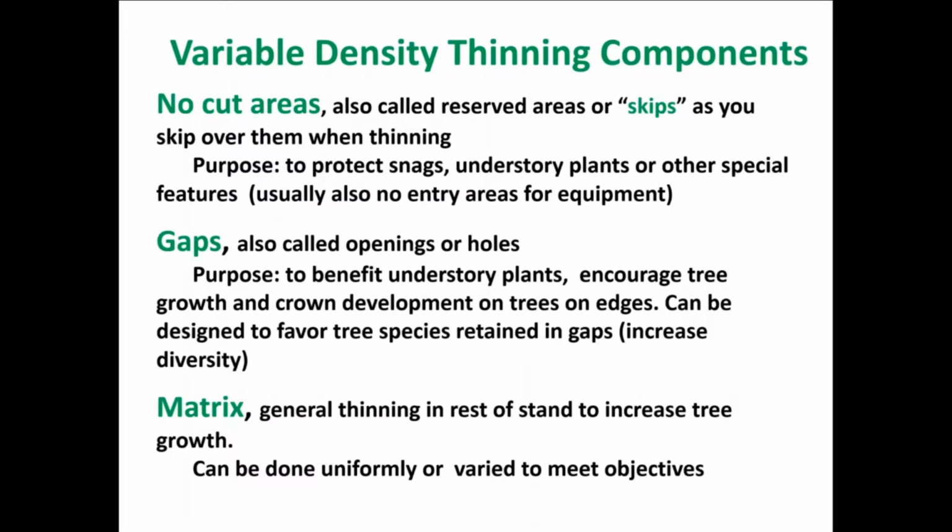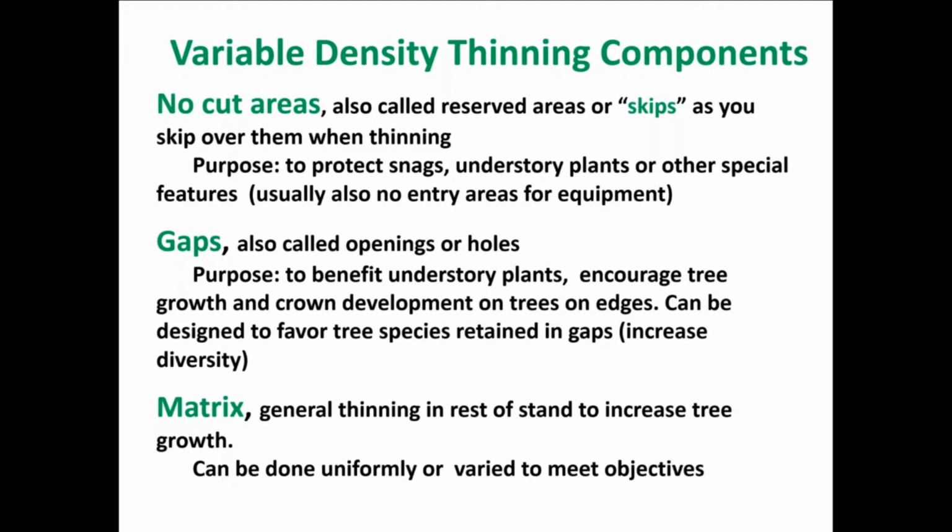So you want to produce maximum utilization of growing space. The idea is that you're producing wood. And for non-uniform thinning, often called variable density thinning, you want to increase growth of trees in portions of the stand, but also allocate areas for wildlife habitat or biodiversity.